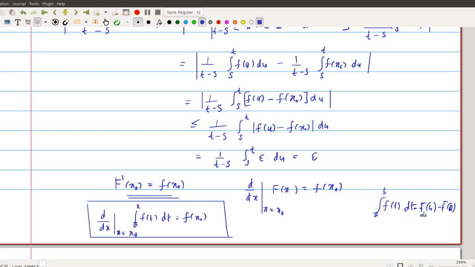This capital F is called the antiderivative of small f. A function F is said to be an antiderivative if F dash is the same as small f. So if capital F dash equals small f, then capital F is an antiderivative of small f.